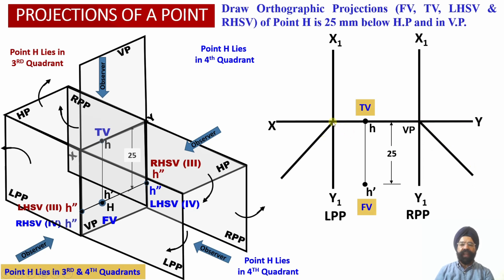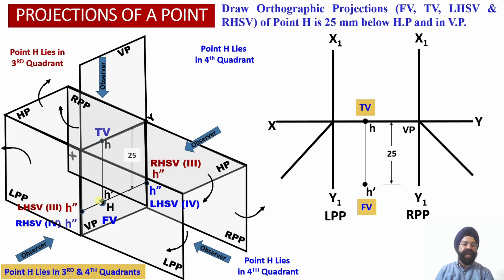These two transfer lines, one on the left hand side and another on the right hand side, we have obtained from the intersection points of the XY reference line and the left profile plane, and the XY reference line and the right profile plane. These two transfer lines are located at an angle of 45 degrees with respect to the XY reference line, and we are going to use them to transfer the distance of this point H from the vertical plane.